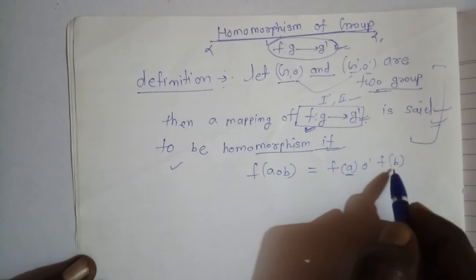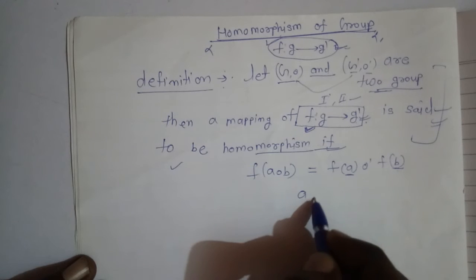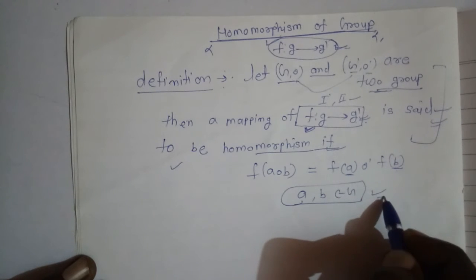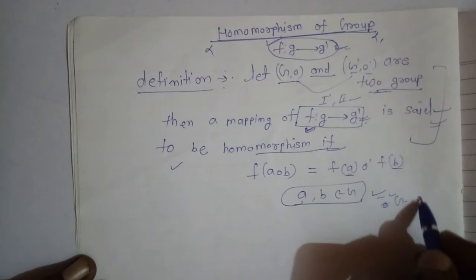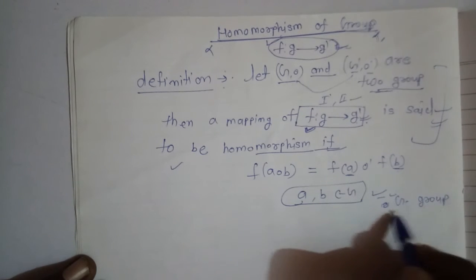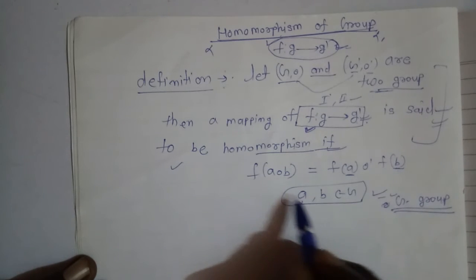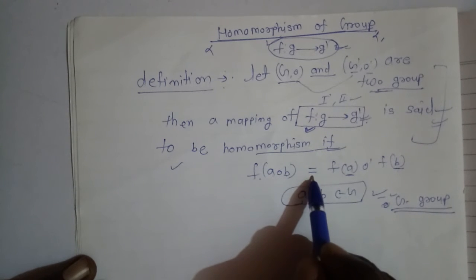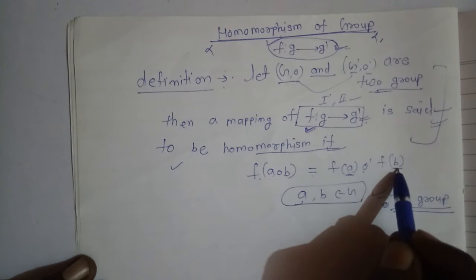So f of a and b. What are a and b? a and b belong to G. What is G? G is a group. Now we are saying that f(a o b) is equal to f(a) o' f(b).